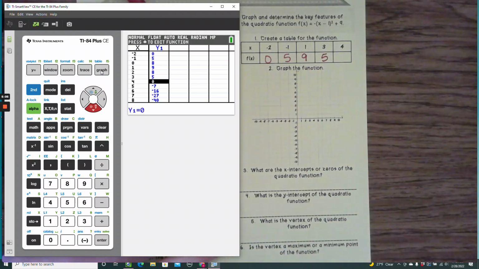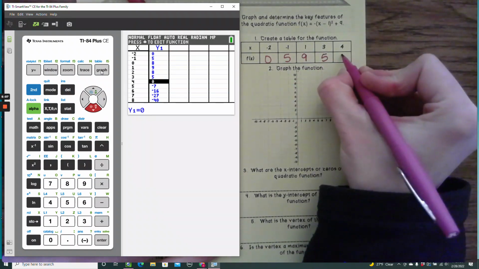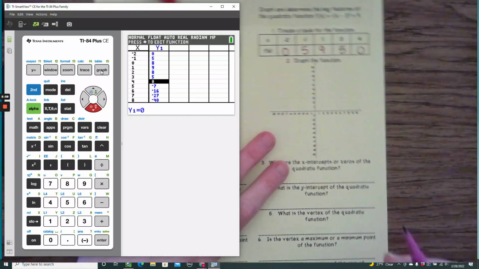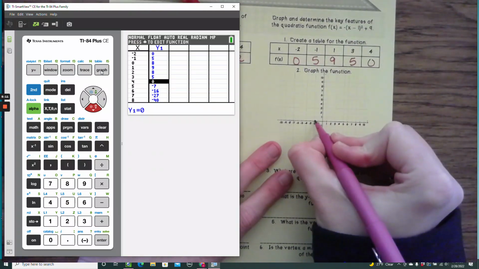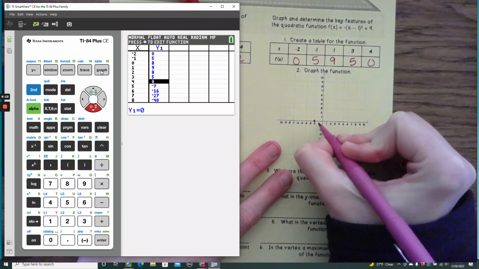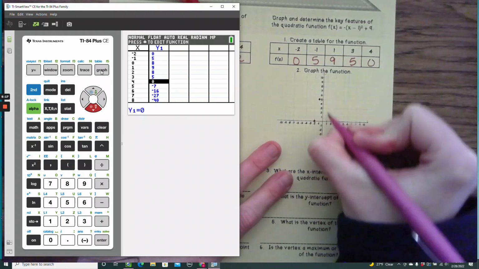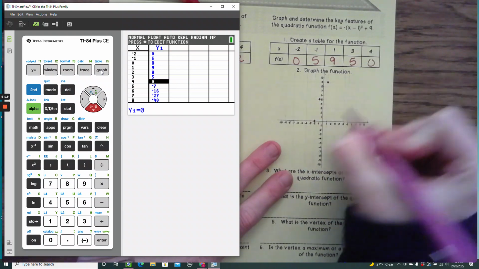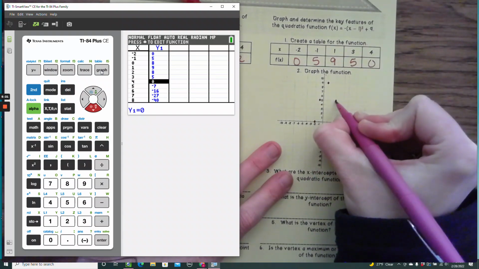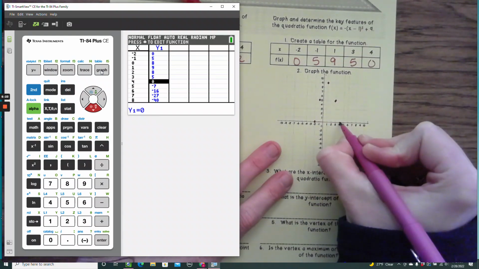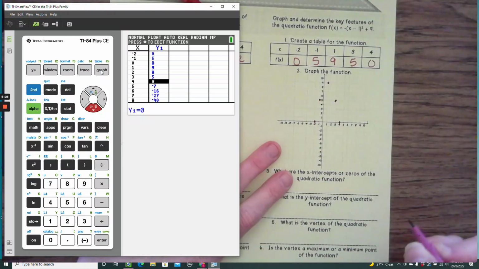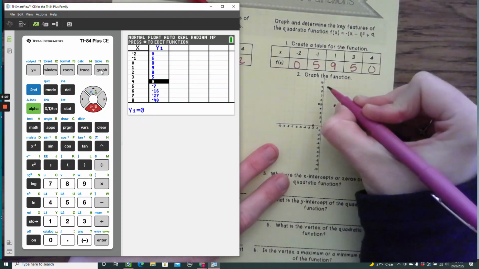And then when x is 4, y is 0. So then we're going to plot these points. We've got a point at -2, 0, a point at -1, 5, a point at 1, 9, a point at 3, 5, and a point at 4, 0. And then we can connect the dots here.